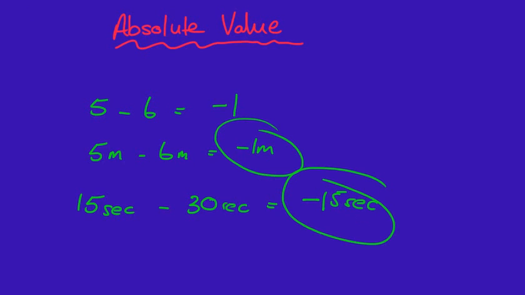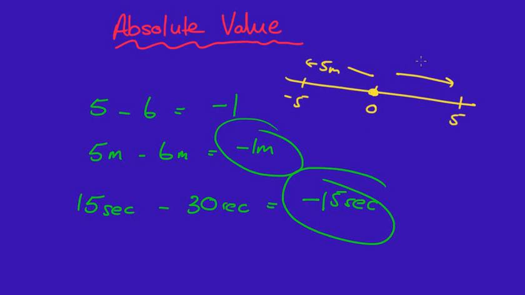But sometimes we can look at it a little bit differently. What we can look at is its distance away from the origin. So for example, that's my 0 meters. If I'm at -5, I'm 5 meters to the left of 0. If I'm at +5, I'm 5 meters to the right of 0.